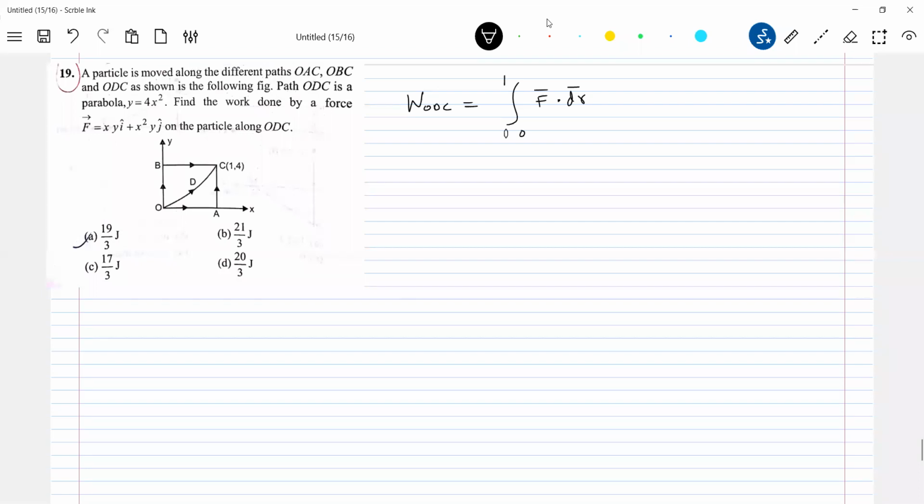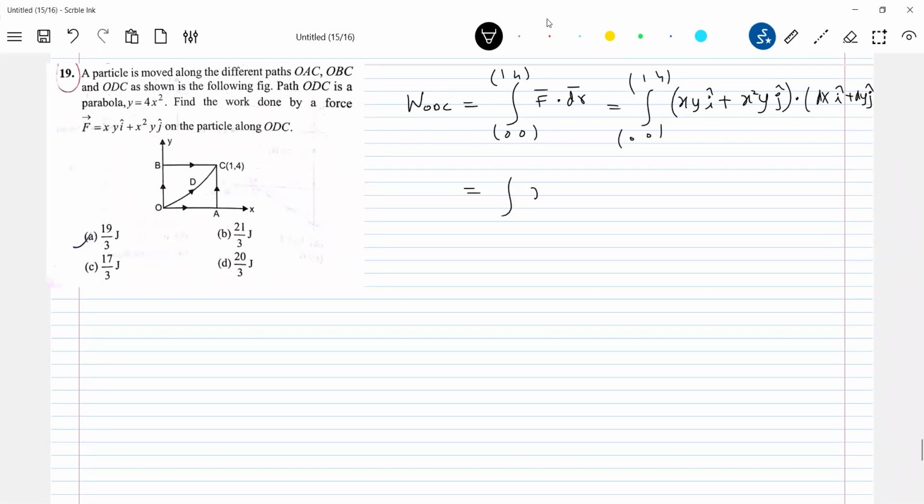0, 0, 1, 4. Then the force is xy i cap plus x square y j cap, from 0, 0 to 1, 4.